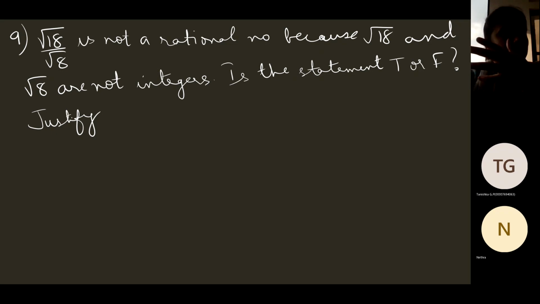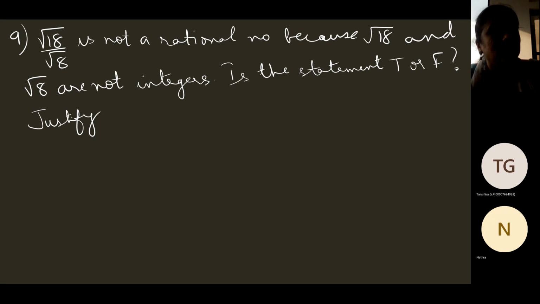It is in the form P by Q, root 18 by root 8. But P by Q form where P and Q are integers. Root 18 and root 8 are not integers. What's the definition of a rational number? A number that can be expressed in the P by Q form where P and Q are integers and Q not equal to 0. Root 18 is not an integer.